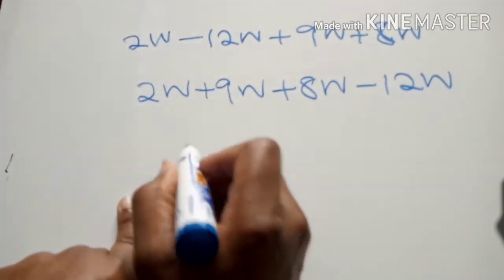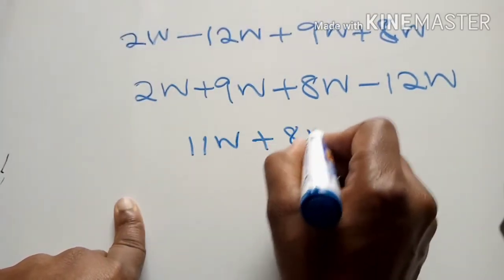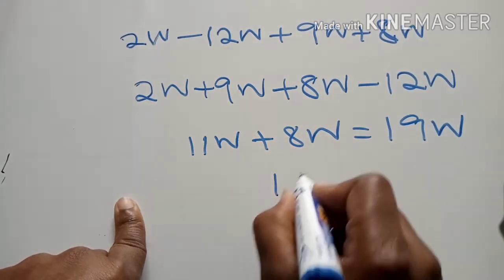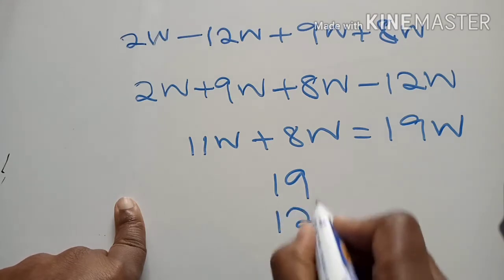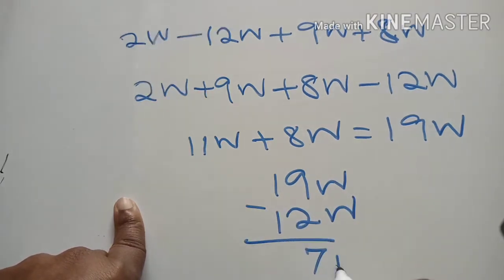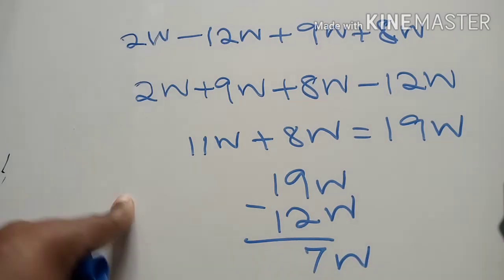So 2 plus 9, that is 11w, plus 8w, that is 19w. So from 19 we can subtract 12. 19w minus 12w, 7w. And our answer now is 7w.